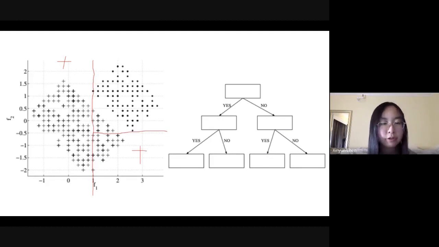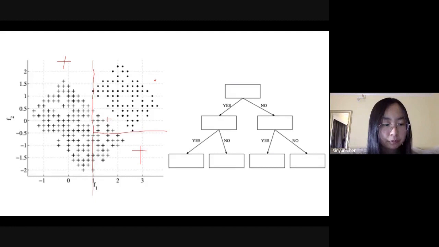However, for the points above the decision boundary, there are still both plus and dot. So this separation could not be finished with only a decision tree of depth 2, but definitely it could be separable with deeper decision trees.